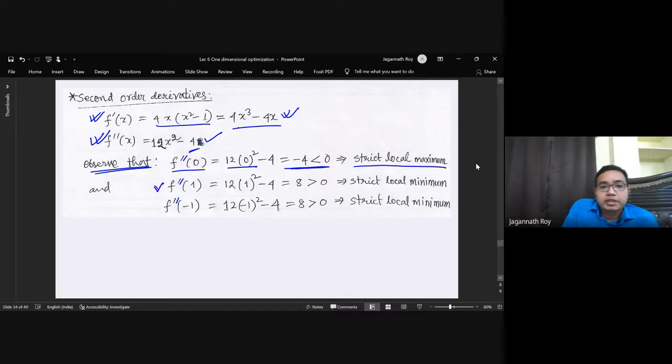But for this point, it is strictly greater than 0, so we can call it a strictly local minimum. And this one is also strictly greater than 0, so this is also a minimum. So the function will look like this.